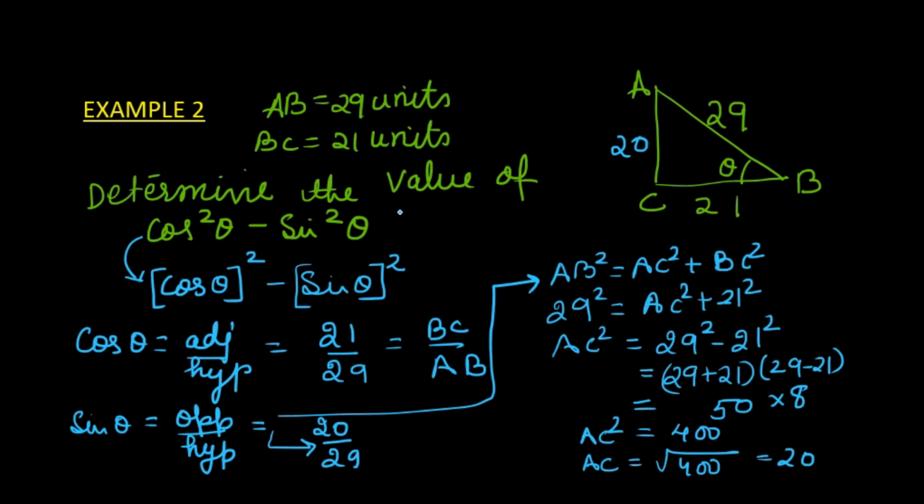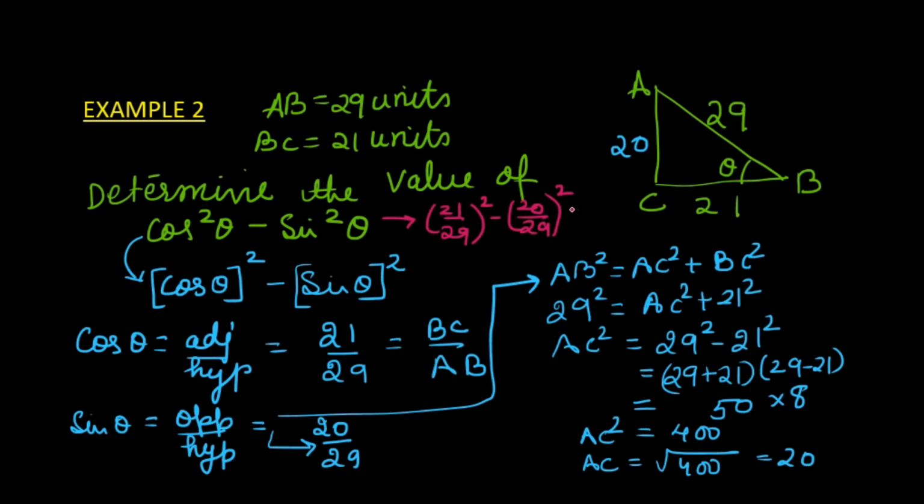Now we have to figure out the value of cos square theta minus sin square theta. So we will do square of 21 by 29, which is cos square theta, minus square of 20 by 29, which is sin square theta.